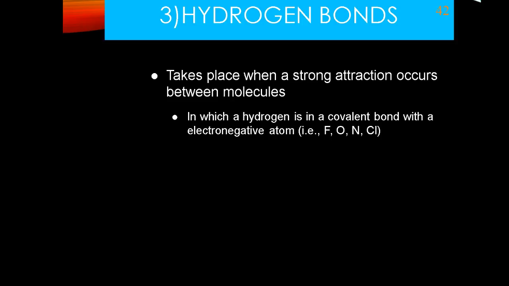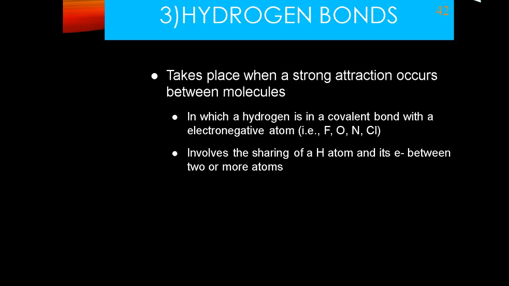If hydrogen is in a covalent bond with an electronegative atom, such as fluorine, oxygen, nitrogen, chlorine, the electrons are going to be drawn further away from hydrogen, making that end of the molecule partially positive, and the end where the electrons are being drawn partially negative. So it involves the sharing of that hydrogen and its electron between two or more atoms.